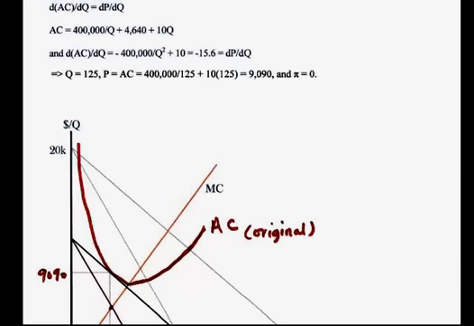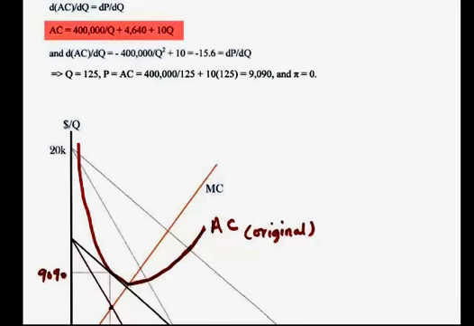So remember the slope was minus 15.6, and now we calculate the slope of the average cost curve by differentiating the AC equation, and we get minus 400,000 over Q squared plus 10 equals minus 15.6. So the slope of the average cost is equal to the slope of the demand curve at Q equals 125. The price is obtained by plugging 125 into the average cost equation.